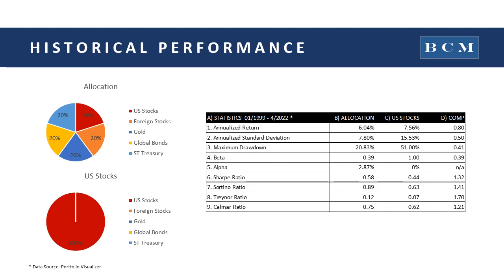So the bottom line is that any rational, risk-averse investor should prefer the allocation portfolio because it delivers a superior combination of risk and return, as shown by all these superior risk-adjusted return measures. And keep in mind, this was just a really generic equal weight allocation. It's nothing fancy, right? But still, it worked pretty well.